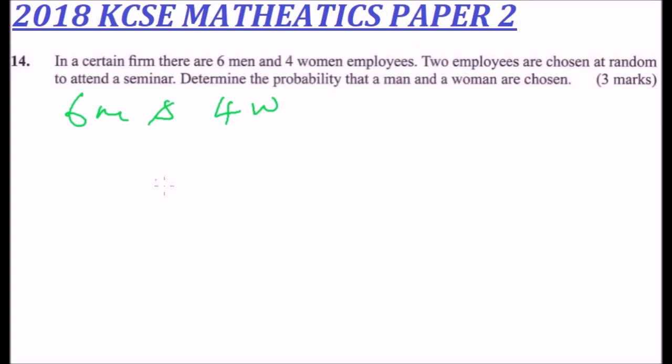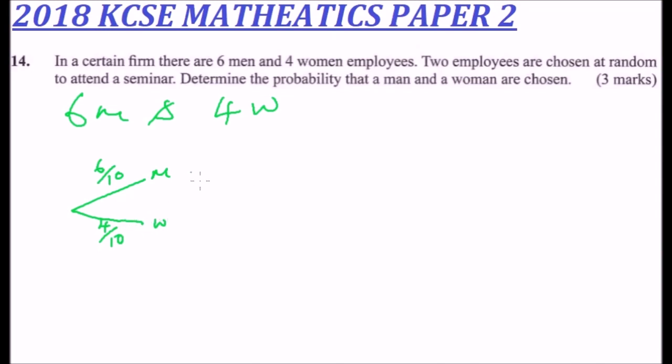So we can use a tree diagram, and the tree diagram will start like this. These are men and this is a woman. The probability that a man is chosen is 6 out of the 10 members, and the probability that a woman is chosen is 4 out of the 10 members.